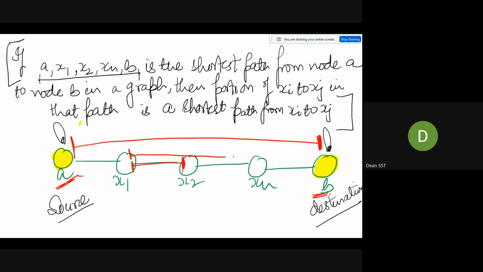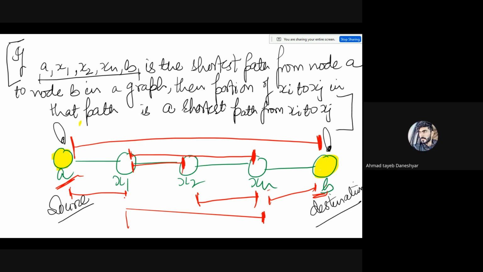This is the shortest path between x1 and xn, between x2 and xn, between xn and B, and between A and x1. Is it clear? Yes, ma'am.